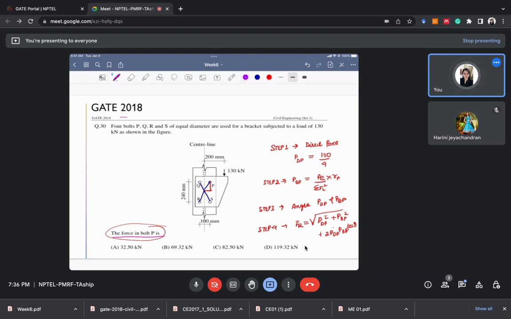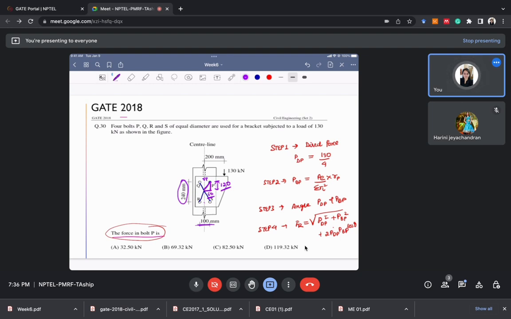We need to calculate Rp. What is the vertical length? The entire length is 240, so this length is 240 divided by 2, that is 120. Since this entire length is 100, this length is 100 divided by 2, that is 50.